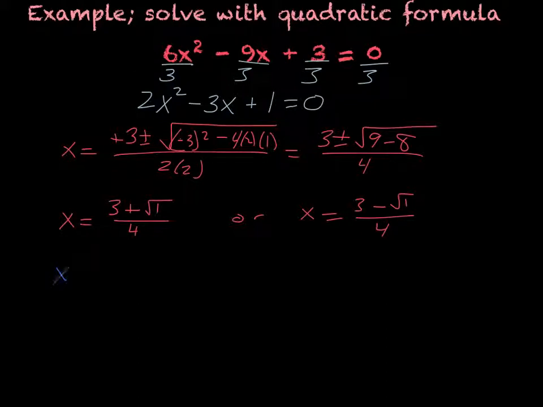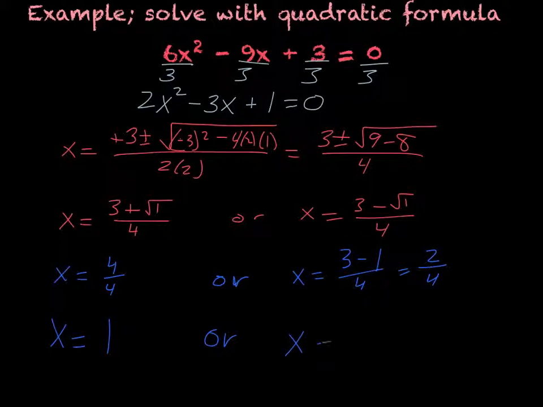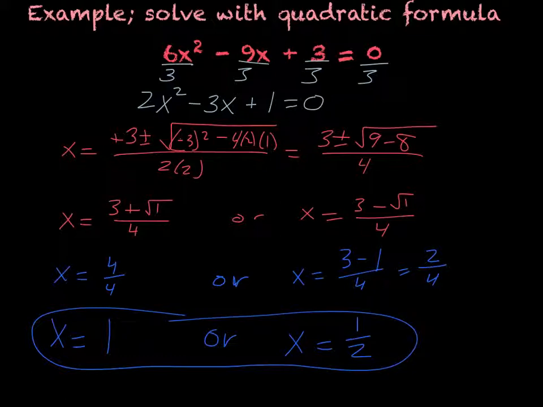So that gives me x equals 3 plus 1 is 4 over 4. x equals 1. Or we have x equals 3 minus 1, which is 2 over 4, which we simplify to 1/2. So x is 1 or x is 1/2.